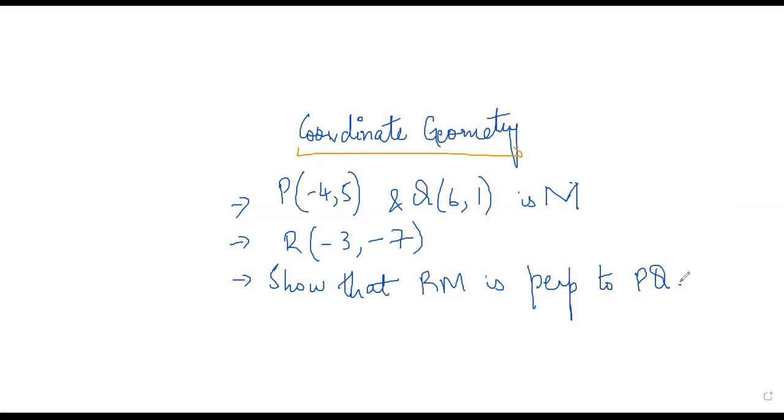So first we need to find the gradient for PQ. Yes, very good. You need to find the gradient of RM and the gradient of PQ. But before that, you need to find the coordinates of M. So the midpoint is -4 plus 6 over 2, and then 5 plus 1 over 2. Very good.